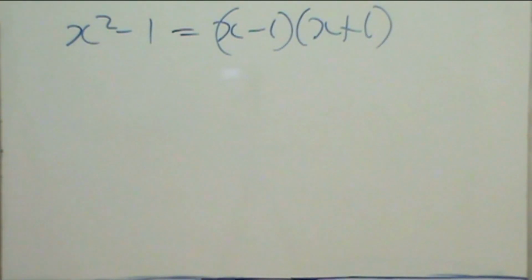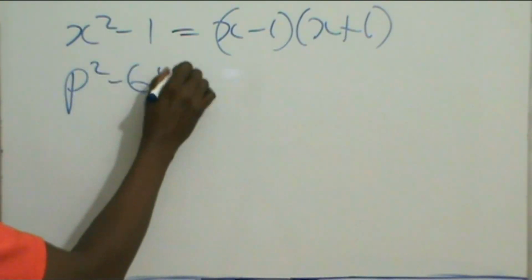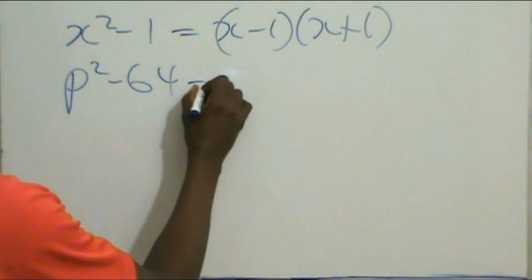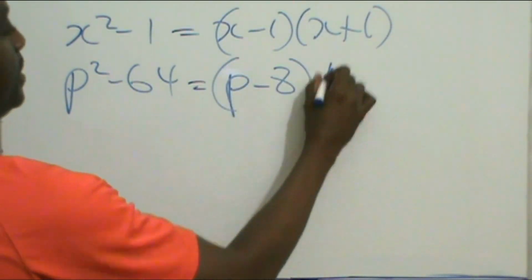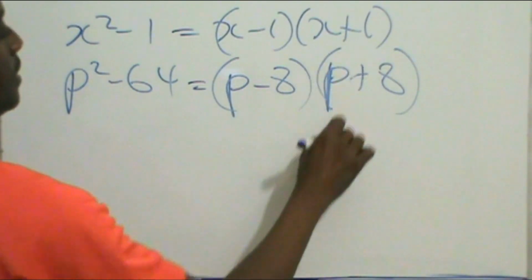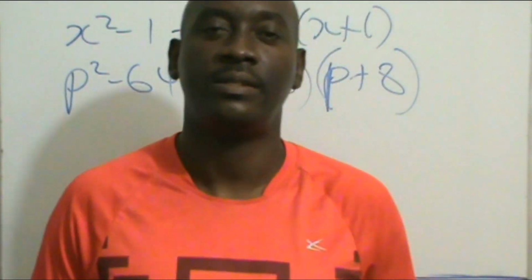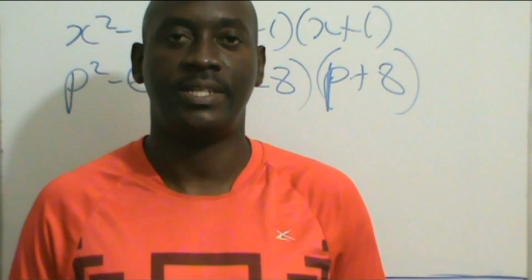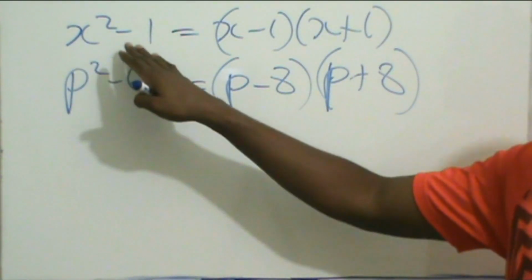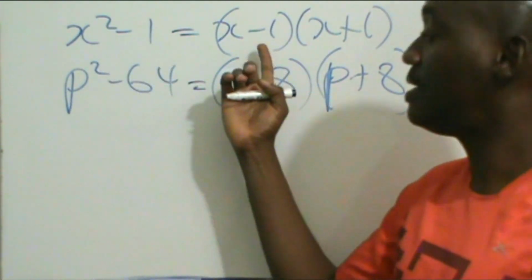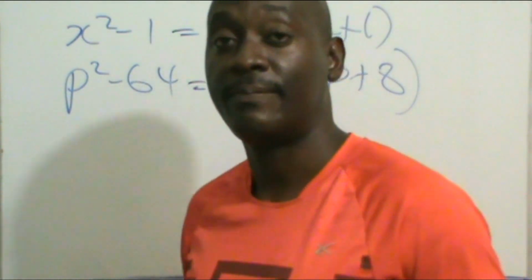If they ask us to factorize p squared minus 64, that is equal to p minus 8 into p plus 8. And no, it doesn't matter one bit whether you put the plus in front or the negative in front. So if you want to express x squared minus 1 as x plus 1 into x minus 1, that is perfectly fine.